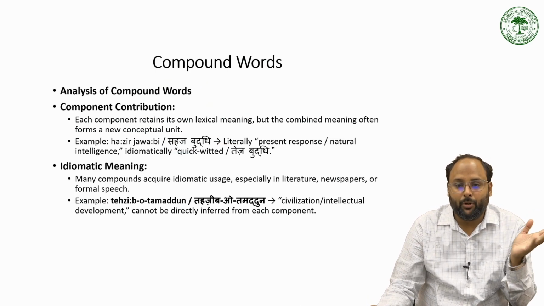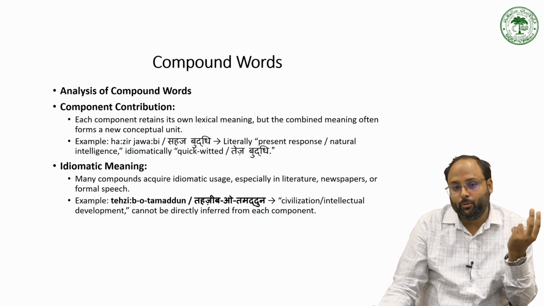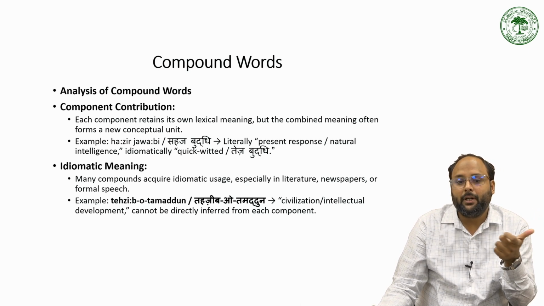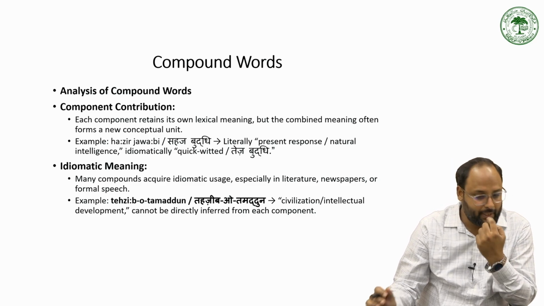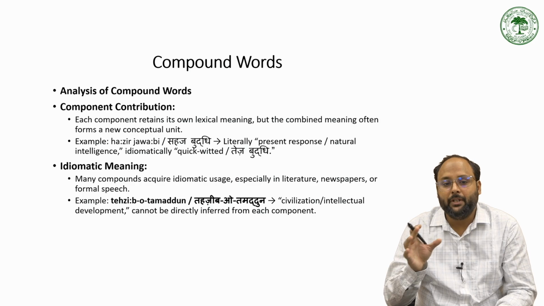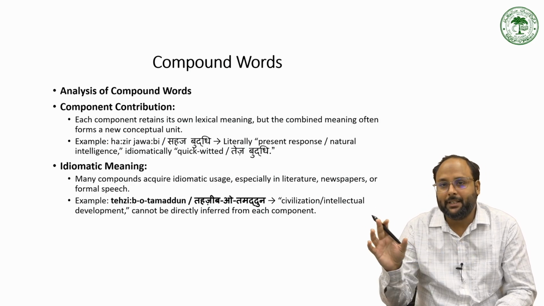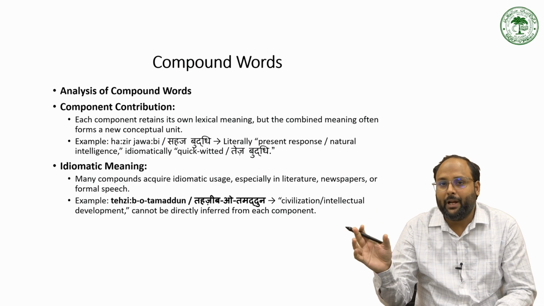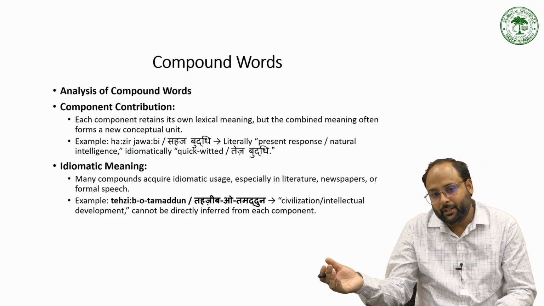If you analyze compound words, they have two components and each contributes a different meaning. In each compound word we have two components and both have different meanings, but when you add them into one word, it derives a new meaning.